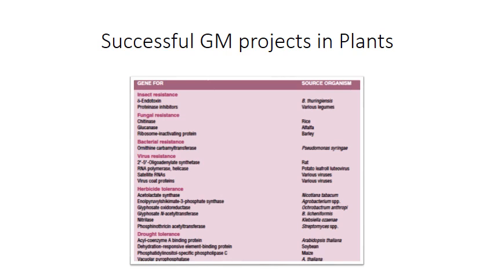Here we will see that GM crops, the genetically modified crops that synthesize delta endotoxin or glyphosate resistance enzyme, are by no means the only example of plant engineering by gene addition.